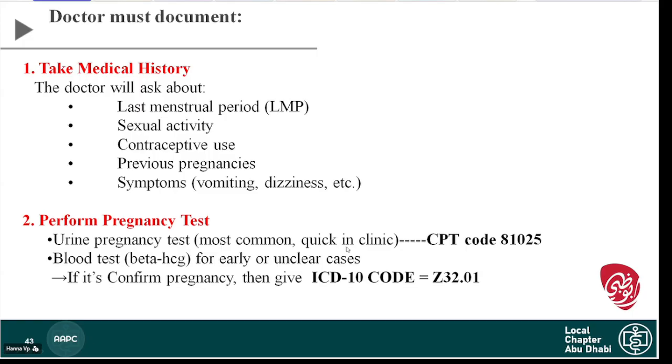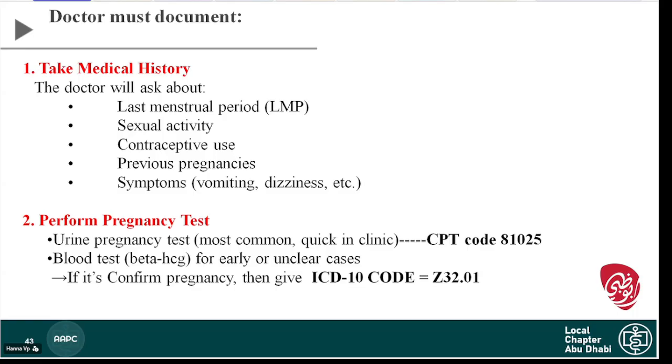See the code given here for the urine pregnancy test. At the same time, they will order a beta HCG test. Can you see that? Beta HCG for early or unclear cases. What is it, guys? Maybe some patients already did the urine test at home, and maybe it's not clear.